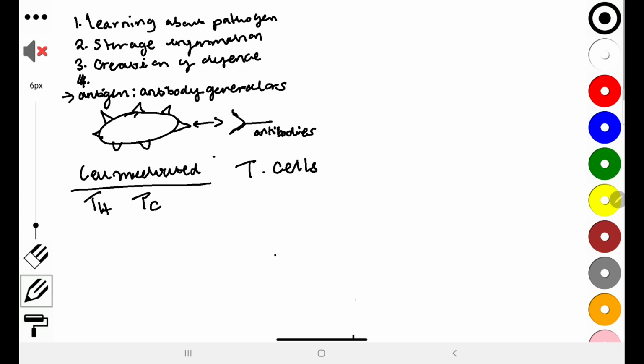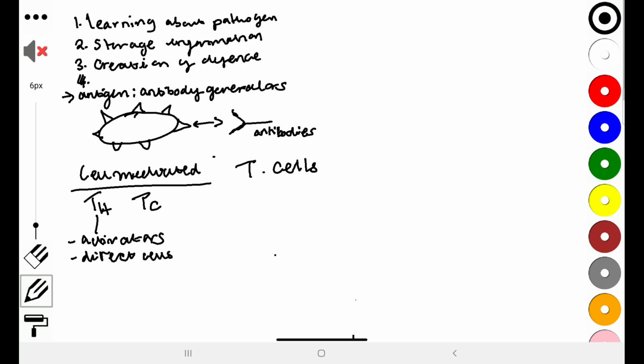The helper T cells activate and direct cells that can kill the pathogens. So these are activators, and then they can also direct cells that can kill the pathogens. So in the next few slides, we're going to appreciate what the role of these T cells are.